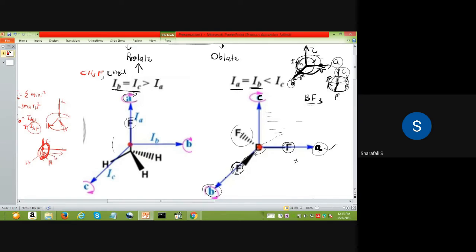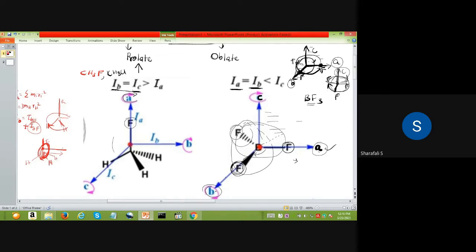because for IB, these two fluorine atoms will be rotating with respect to this B axis, and for the A axis we have these two fluorine atoms rotating about that A axis like this. But this fluorine is coming on the other side, that is into the screen.